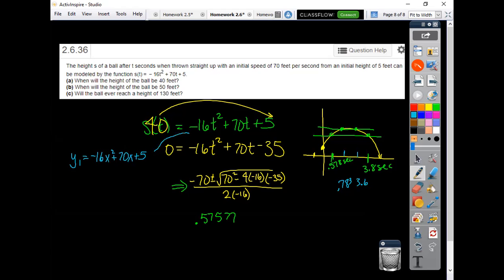That was this height. Then I set a second equation for part B, the 50, and I'm doing the same thing on the next one, but seeing where it equals 130. The 130 line is up above the whole thing, so for that one, there's no solution. It never does reach that height.